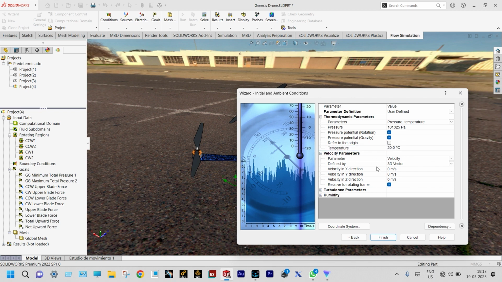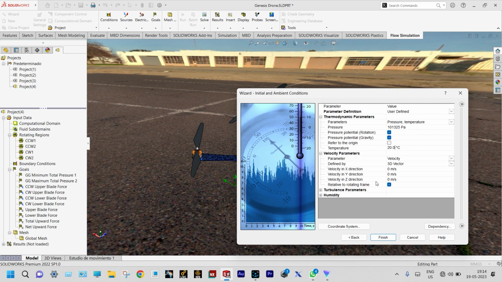In velocity parameters, we can consider velocity in a specific direction also, but our main aim is the movement of the drone in upward direction. Therefore we would need to consider velocity of air either in x or in z direction, but in this case velocity of air will oppose the movement of the drone. So we are considering 0 velocity.